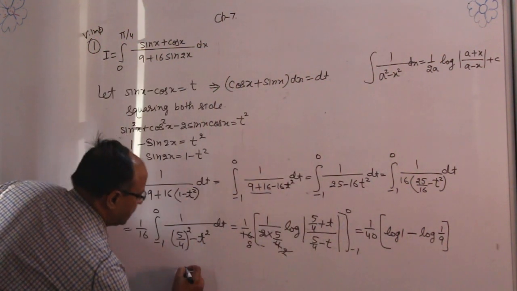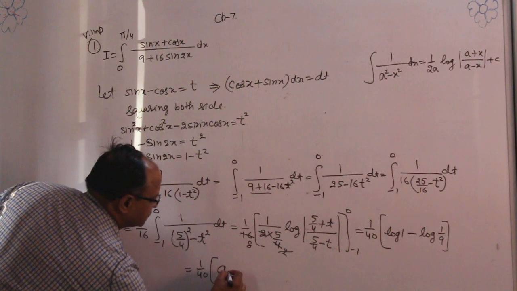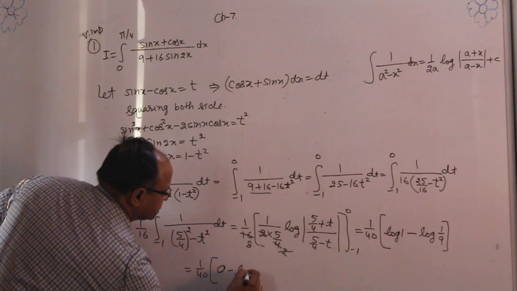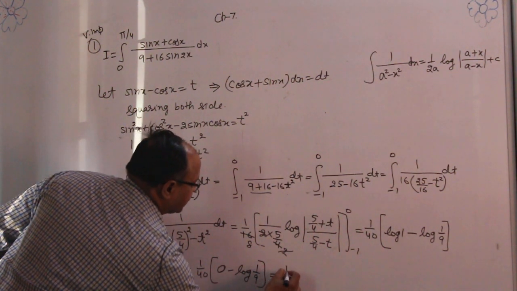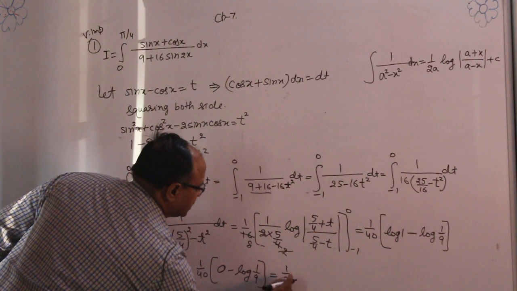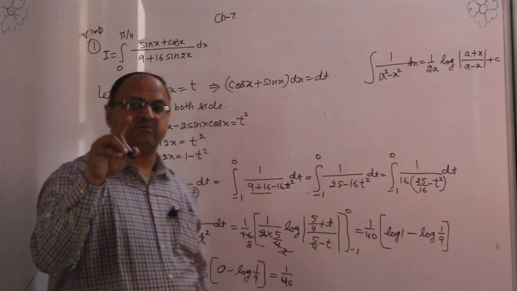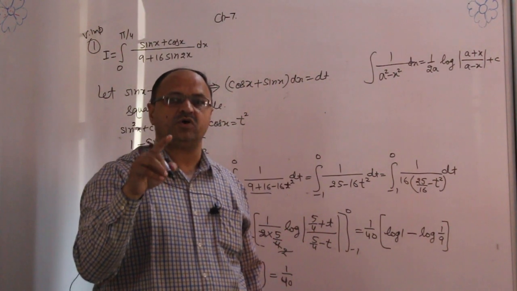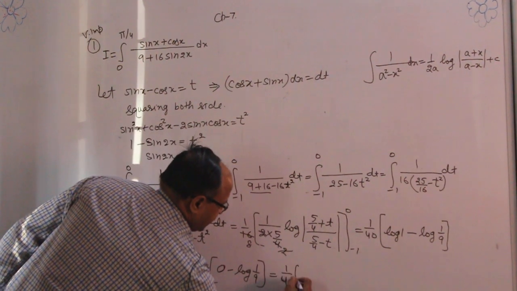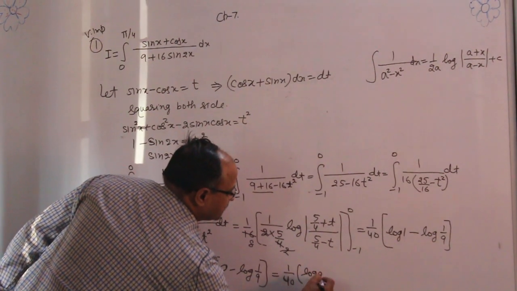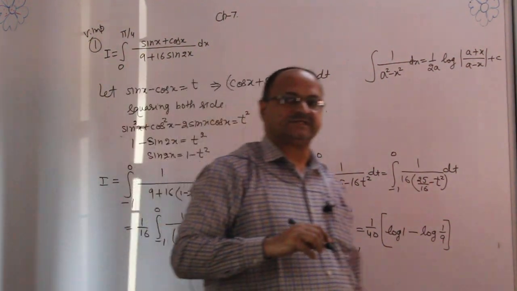So 1 by 40, log 1 is 0 minus log 1 by 9. Log 1 by 9 you can write, you know that log m by n is log m minus log n, correct? So it is 1 by 40 log 9. Log 9 is the answer, correct?